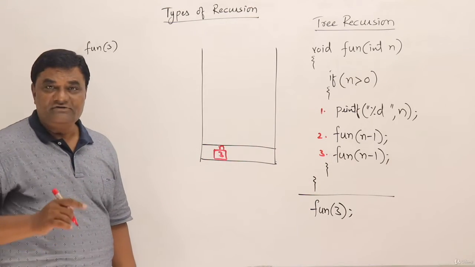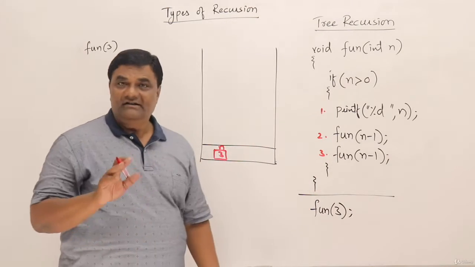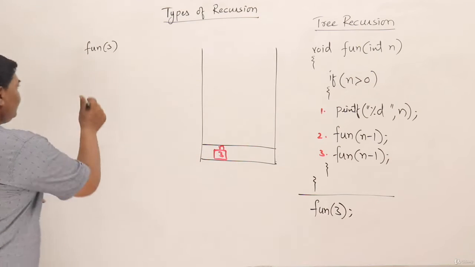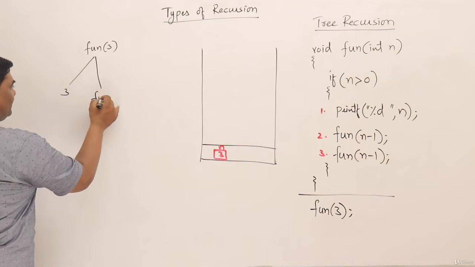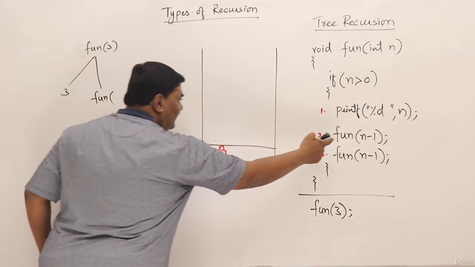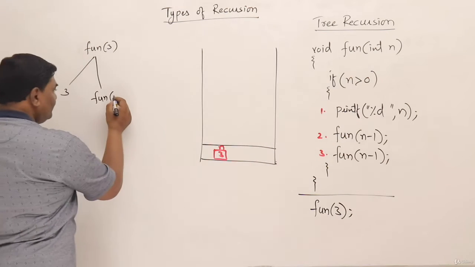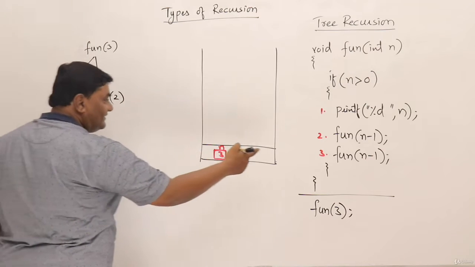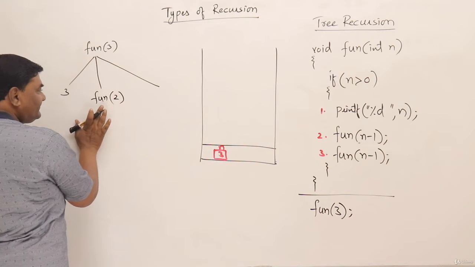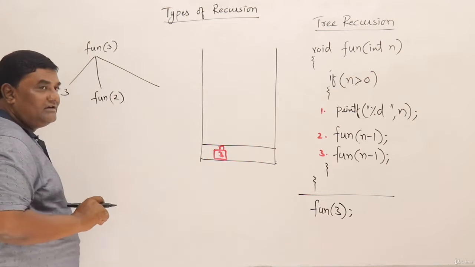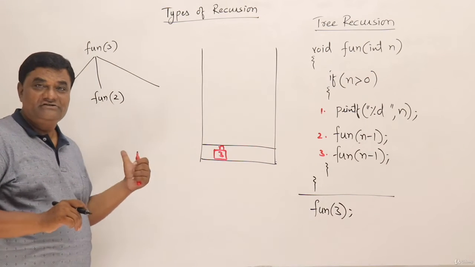Let us print the value. It will print the value 3 and make the first function call fun for n-1, that is 2. The second call it will make once this call has finished. So let us first finish the first call.